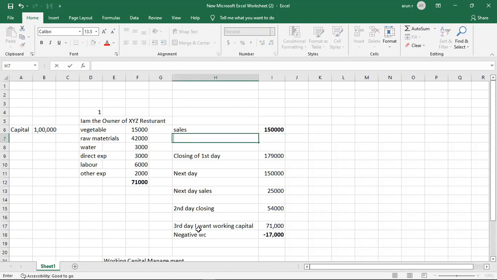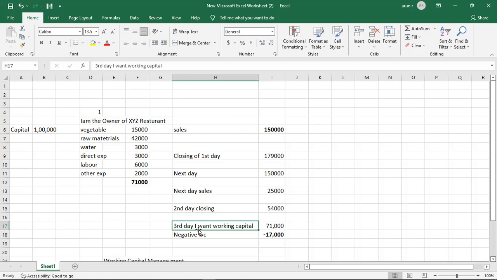I don't want you to be confused in this scenario; I will clarify it in the sums. Just keep it in mind; it is a simple concept. Without management of working capital, a restaurant or any other business, in the same scenario with the same raw material and expenses and day-to-day sales, will one day struggle with negative working capital.